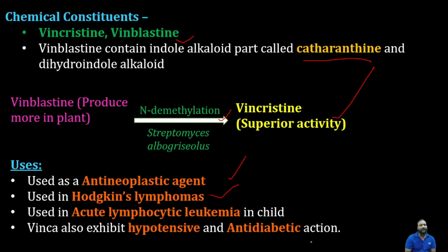So it has an immense role. Because of these properties, Vinca becomes one of the essential medicines. It's added in the WHO essential medicines list because of its many health properties: Hodgkin's disease, Hodgkin's lymphoma, acute lymphocytic leukemia, and such types of cancers can be treated by Vinca. So this is about Vinca.